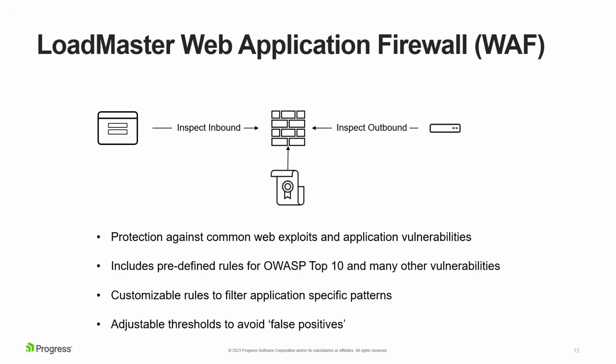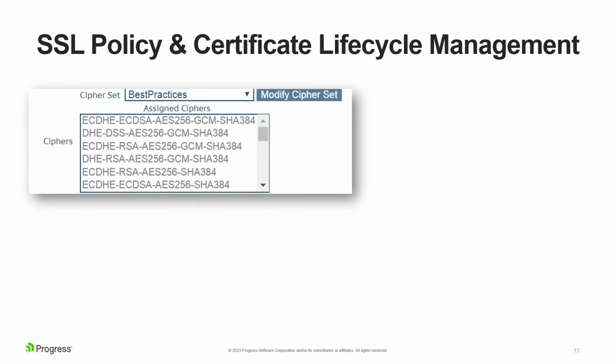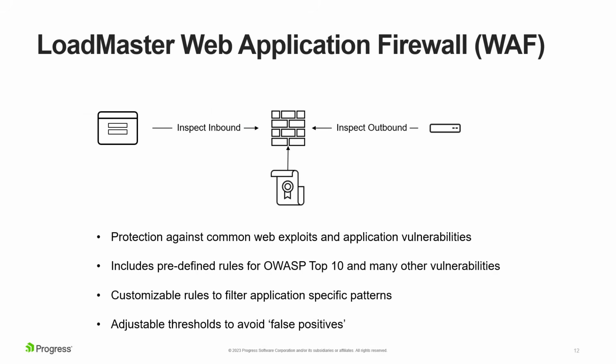These exploits are categorized into what we see there as the OWASP Top 10. OWASP is a non-profit that categorizes these known exploits, and every year it issues a new list of vulnerabilities.